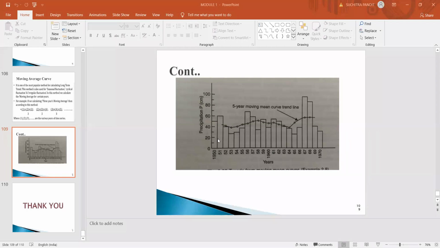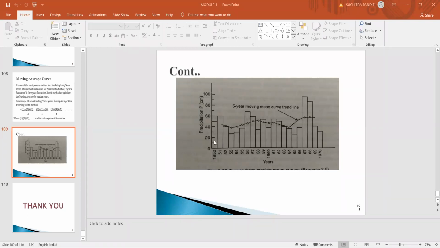Similarly, you consider the next 5, omitting the first one, take this average, and again mark the group average at the center. Next, you consider from this point, 1, 2, 3, 4, 5, omitting the previous one. Like that, you can plot the group averages of all these groups.